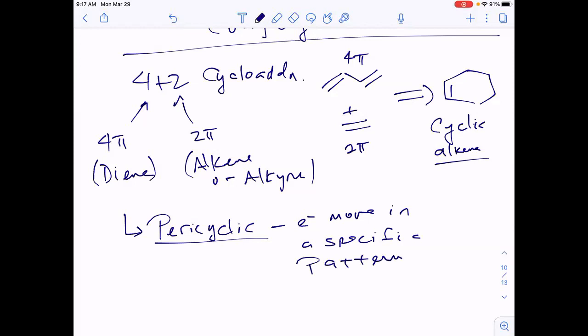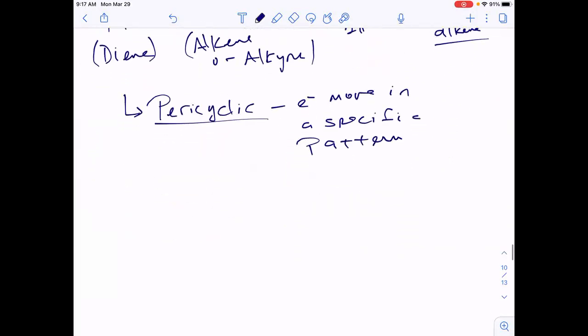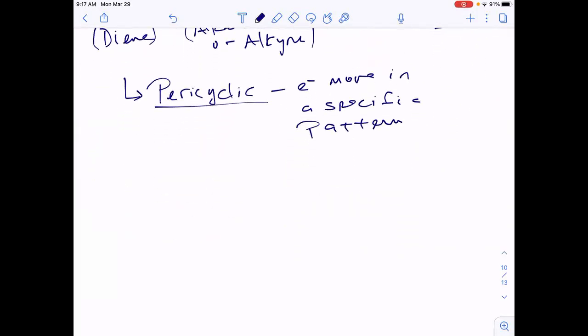So let me show you how it works, and then we're going to talk about the molecular orbital aspect of it, and then we're going to work through some problems. I'll send a video for this after class just to reinforce what we're talking about.